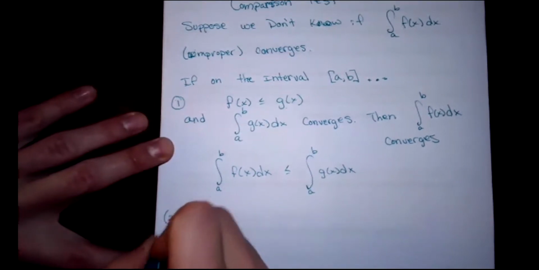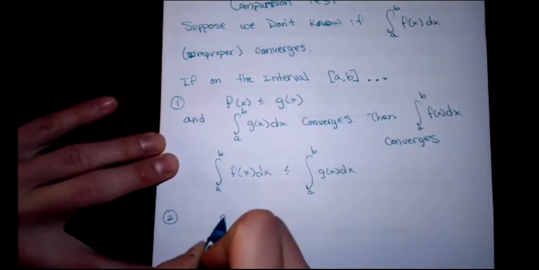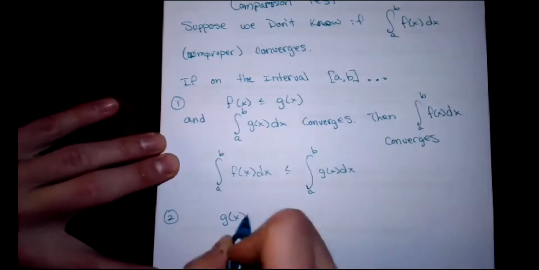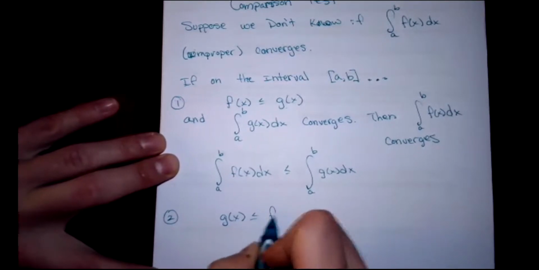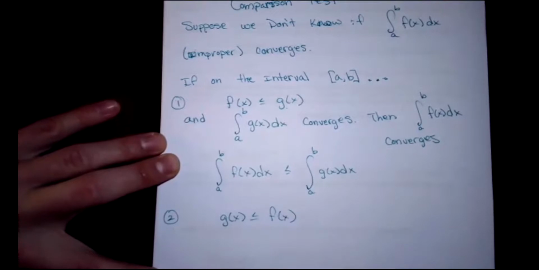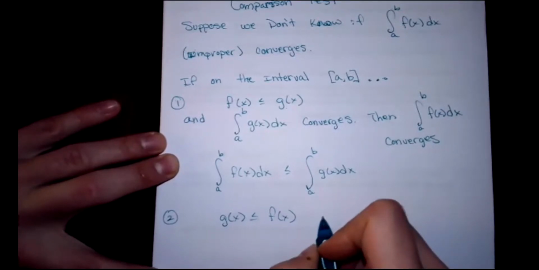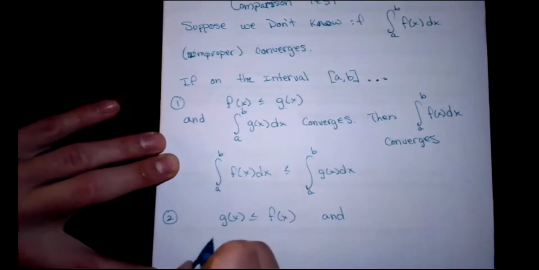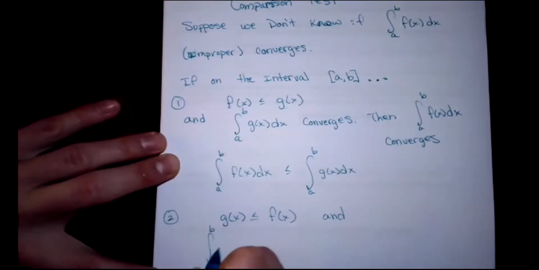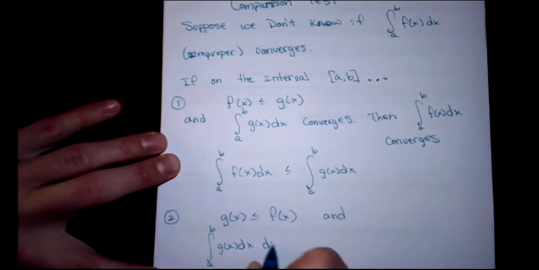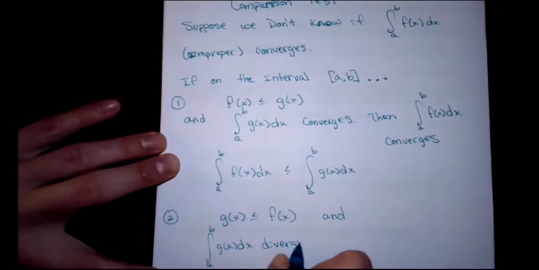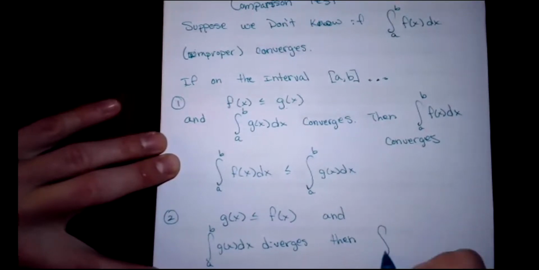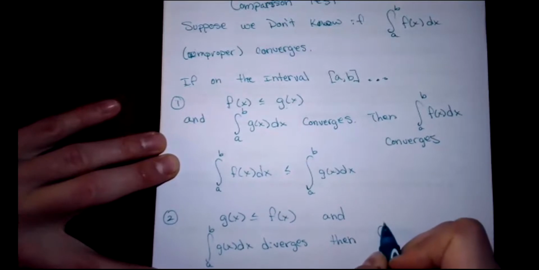Conversely, if we have a function that is smaller on the interval, and the smaller one diverges, then the bigger one has to diverge.